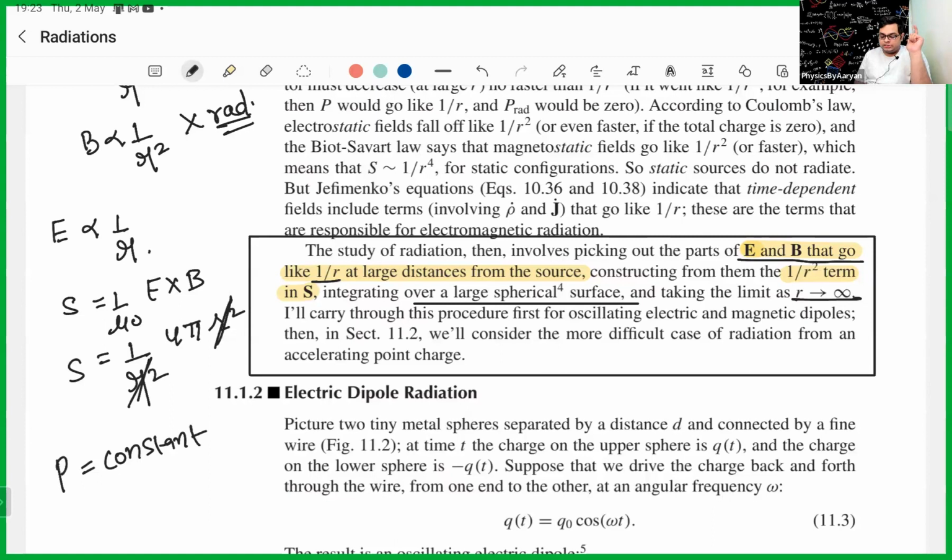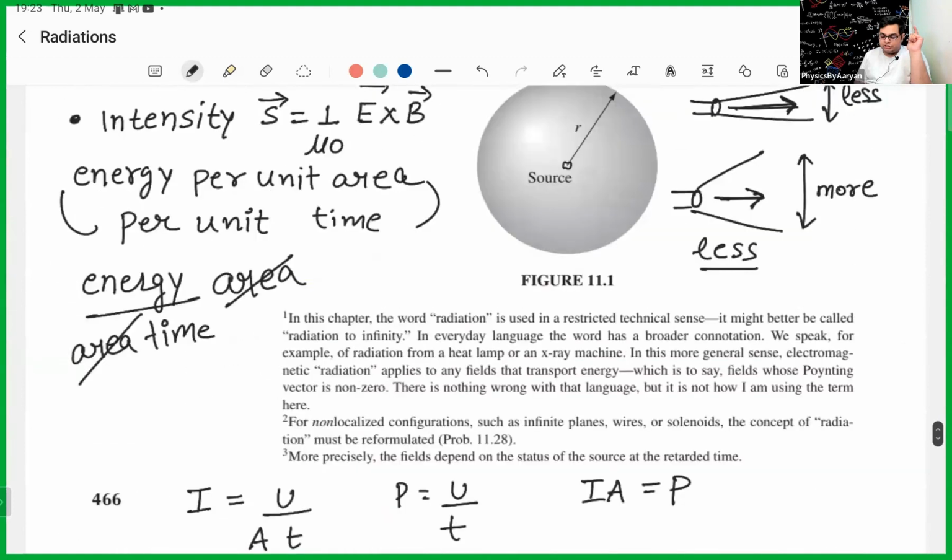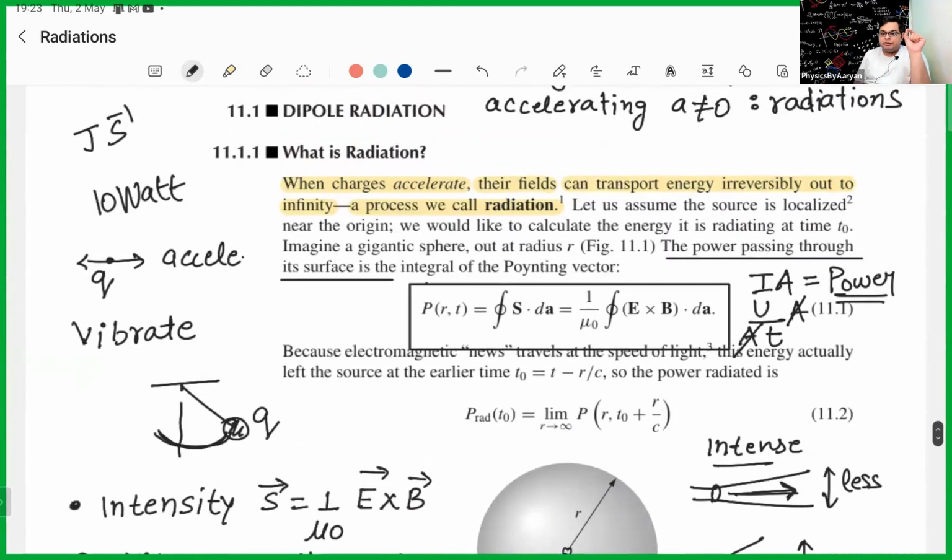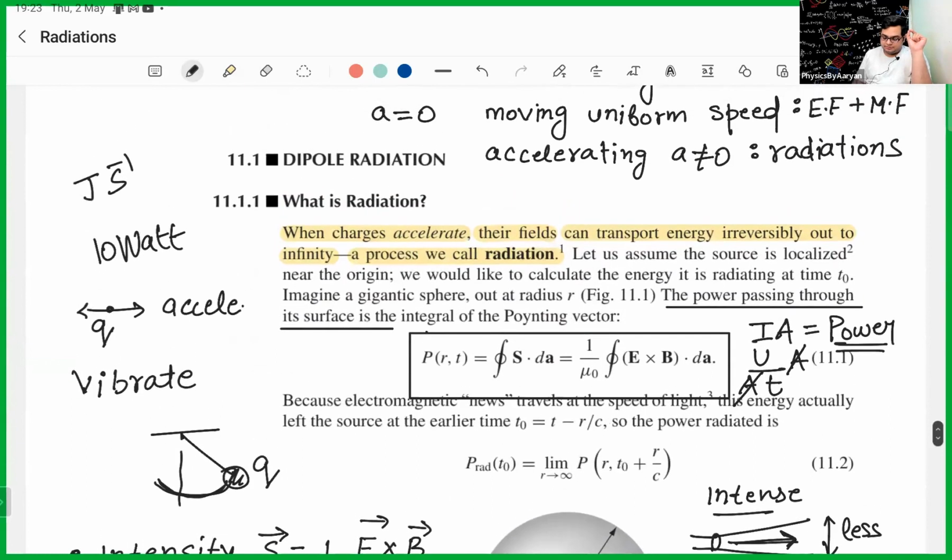If it depends upon the distance, then the first line of radiation will fail, because the definition of radiation says that my charges can transport the energy irreversibly out to the infinity. I want to bring my energy to the infinity. But I want, if my charge is accelerating, the energy emitted by that charge will reach the infinity.